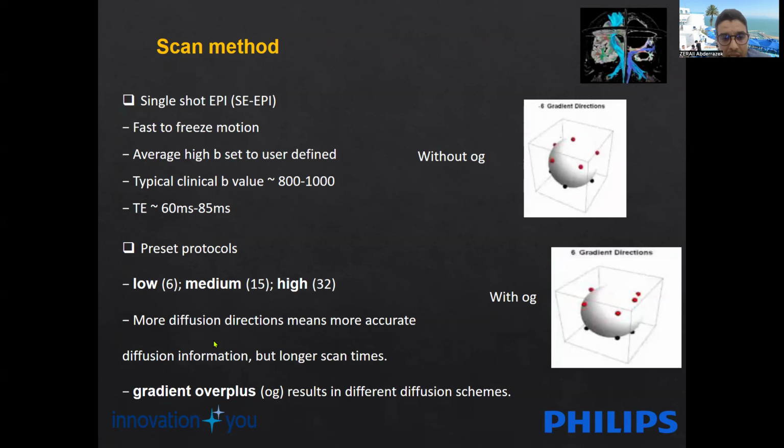This can give us more accurate diffusion information, but it makes for a longer scan when we use 32 or 128 directions. We can go to 15 to 17 minutes when we use HARDI models, but 32 is medium, around 6 to 7 minutes with a good signal to noise ratio. Also, be sure to use gradient overplus, which can give you good results and a good acquisition.